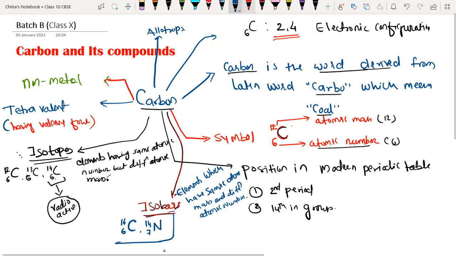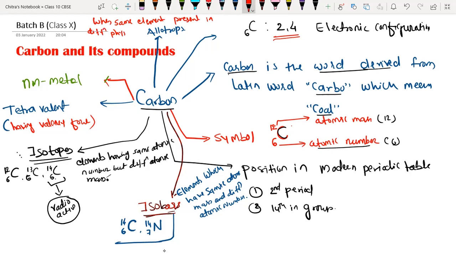When the same element is present in different physical forms. Like, we have three main allotropes of carbon.